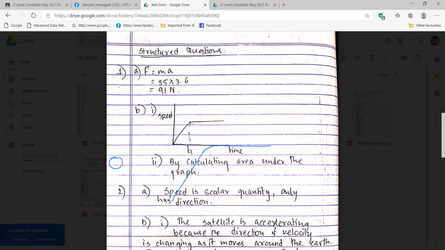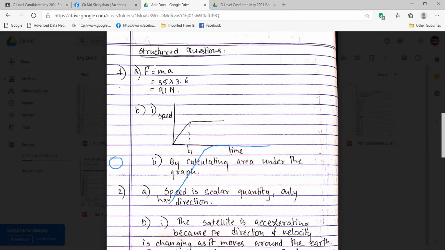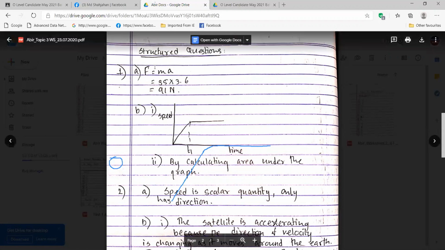Your one is fine, but it's not that sharp, so we cannot recognize it clearly from there. Okay, sir. So here you got it by calculating the area under the graph. Very good. This one is correct. Now we are going to the worksheet again.